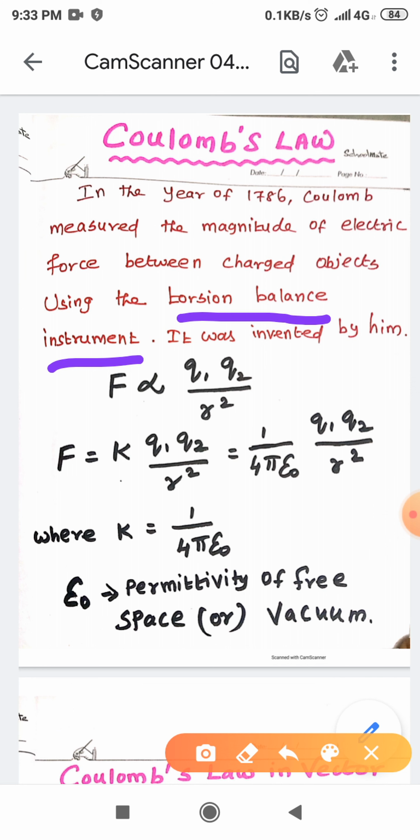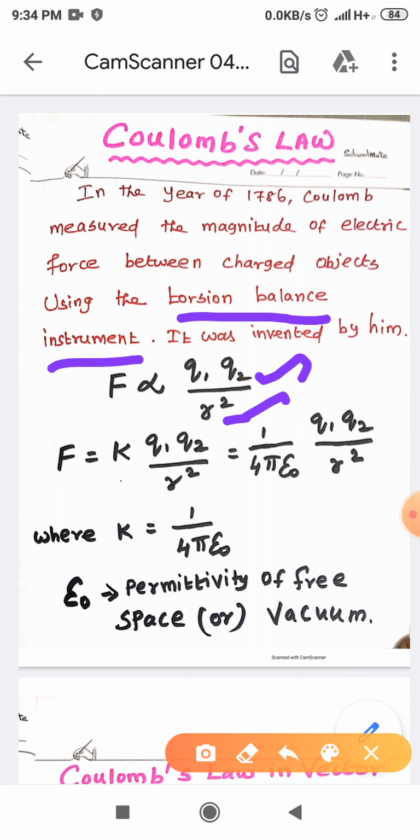According to this law, the electrostatic force of attraction or repulsion between two point charges is directly proportional to the product of the magnitude of the charges and inversely proportional to the square of the distance between them. My dear students, I repeat again, it is a very important law.